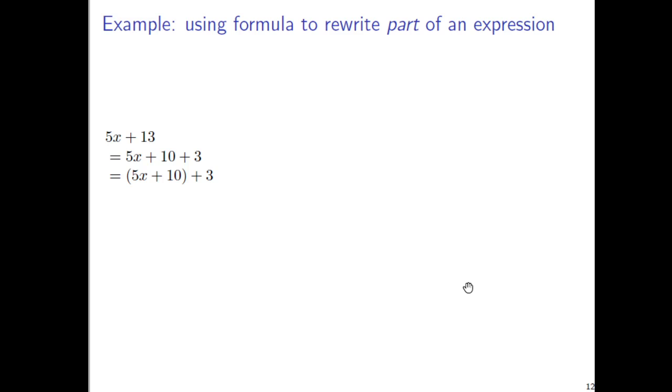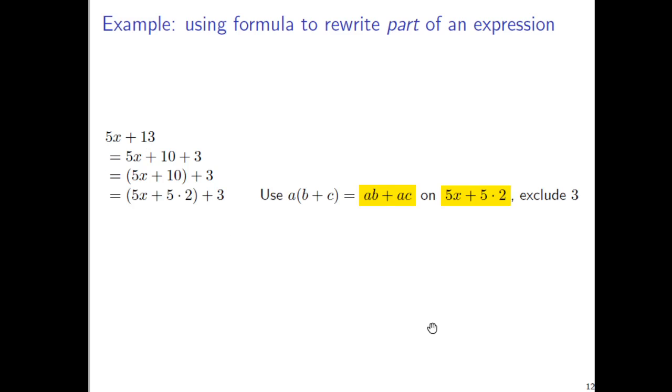This inserted set of parentheses did not change the value. And the point is, what's in parentheses right now, 5x plus 10, you can rewrite using the distributive law. It's sort of the backwards version of this, right? So the point is, maybe to make it look more like using the distributive law, let's rewrite the 10 as 5 times 2.